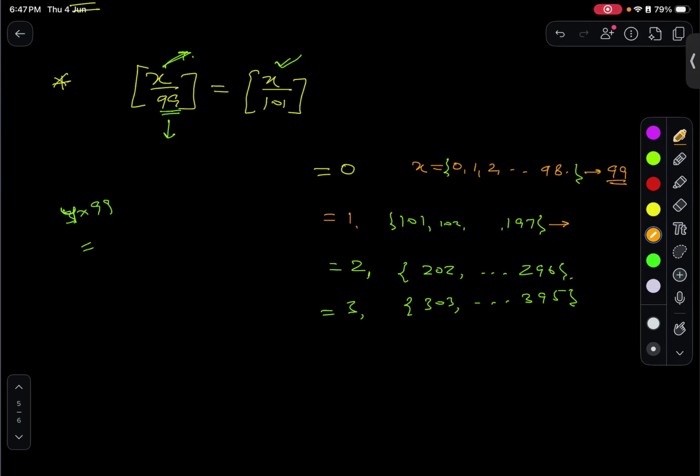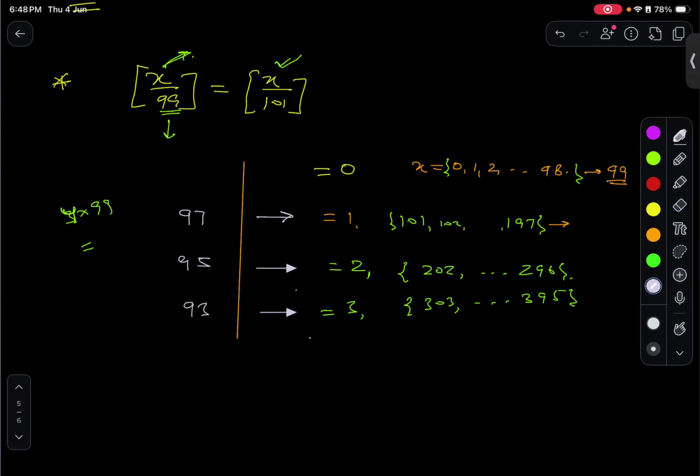Check again, check again. 96. Why 96? 101 to 197. 97, obviously. Sorry. And what is this in this one? 96 or 95? 94, actually. 95. Then 93.